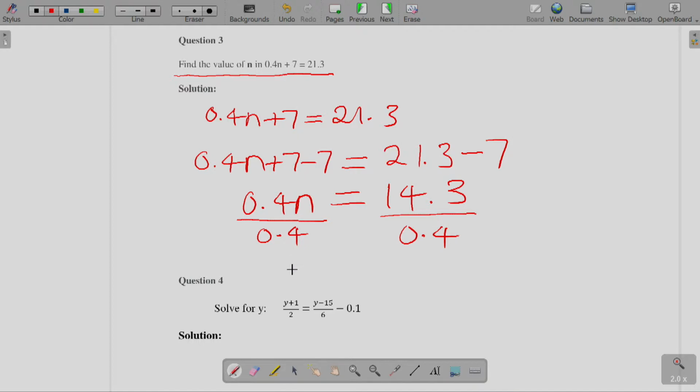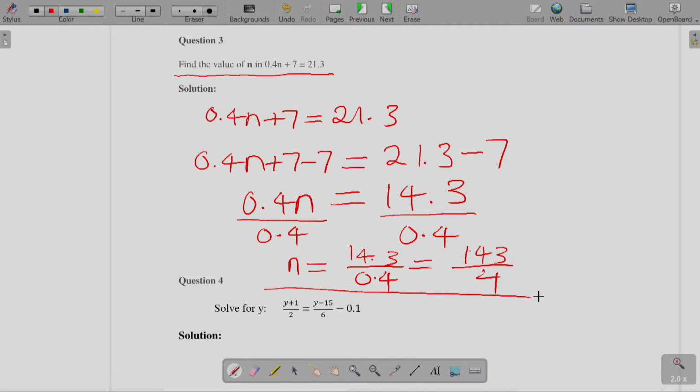So from this side we'll get n, because 0.4 will be cancelled out with this 0.4, so n equal to 14.3 over 0.4, which is equal to 143 over 4. This will be the answer, which is n equal to 143 over 4.